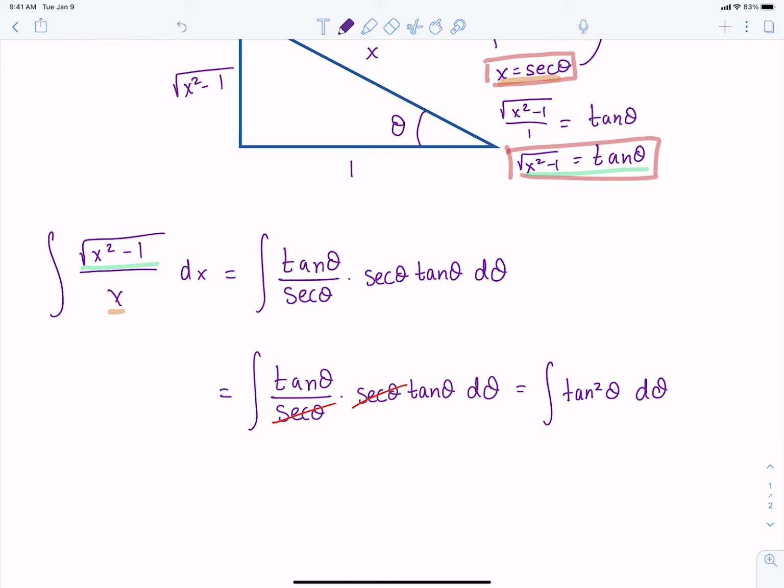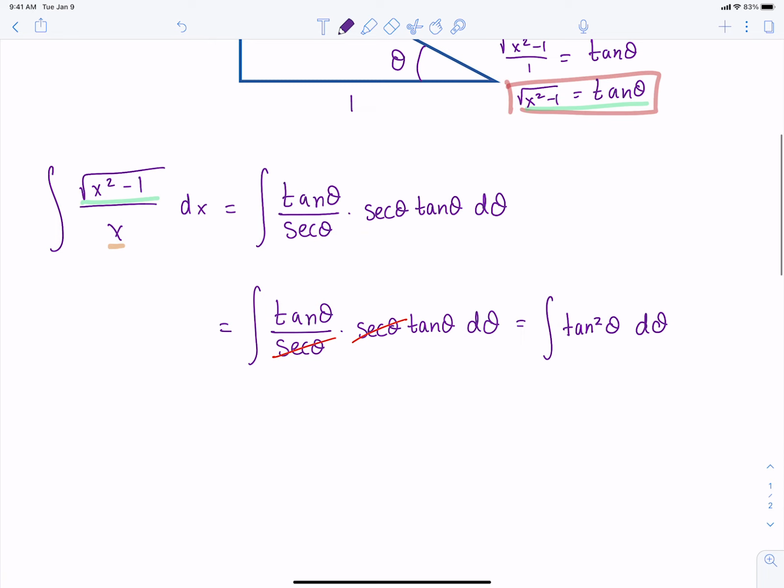So tangent squared, I don't know what the integral of that is, but I do know that tangent squared of theta is equal to secant squared of theta minus 1, and I know the integral of secant squared. So I'm going to replace my tangent squared with secant squared of theta minus 1 d theta.